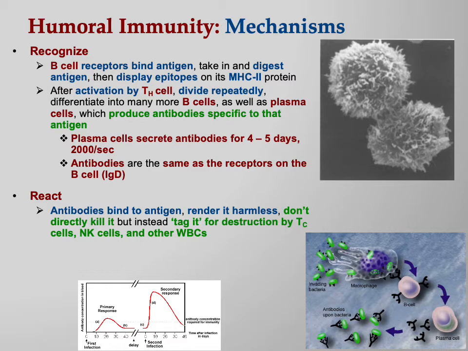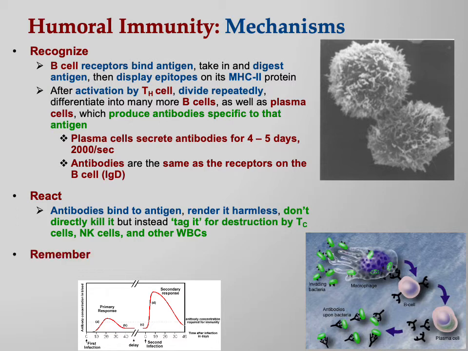We say that they mask the pathogenic region of the antigen. What that means is when they handcuff it, they prevent that antigen from doing any more damage. The antigen is still not killed, but at least it can't do any more harm. It's kind of like when they handcuff them, they also take their weapon and disarm them. So the antigens can't do any more damage once they've been handcuffed by an antibody.